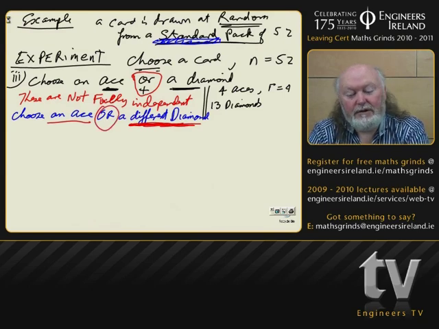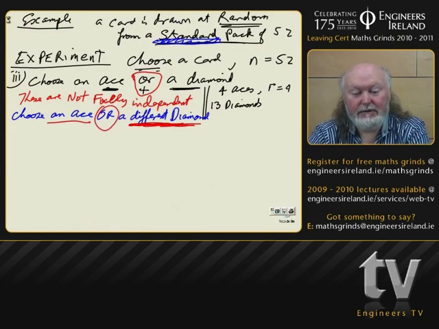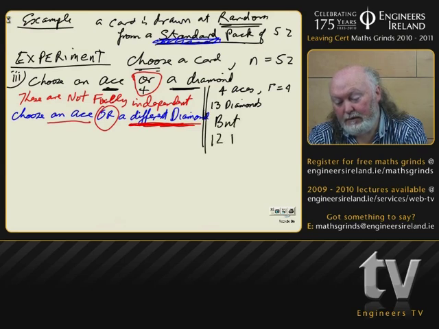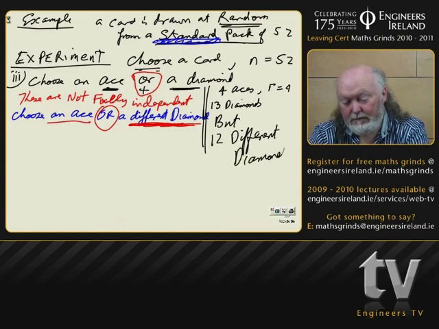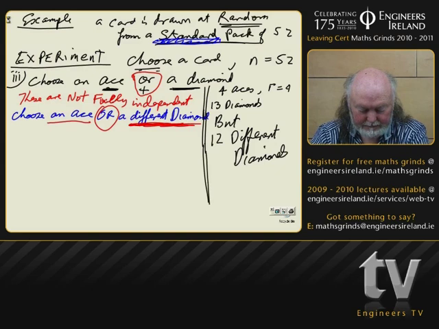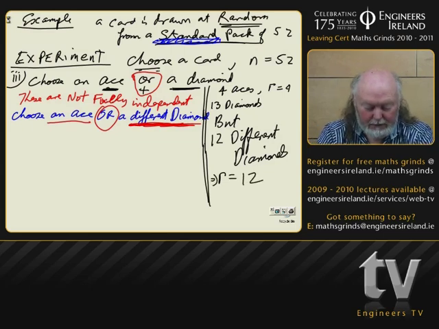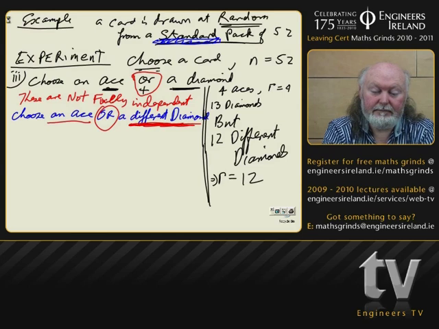So how many different diamonds are there? 13 diamonds, yes. But 12 different diamonds. So R is 12.